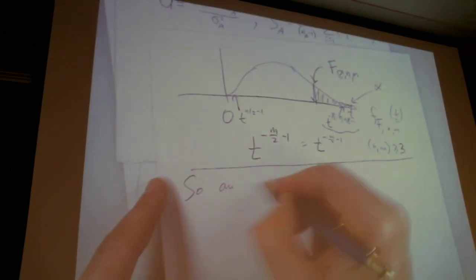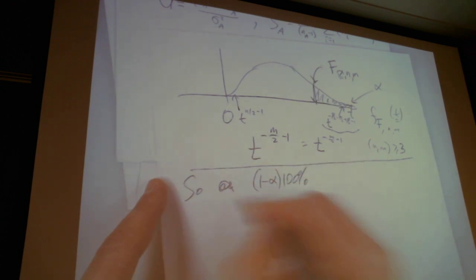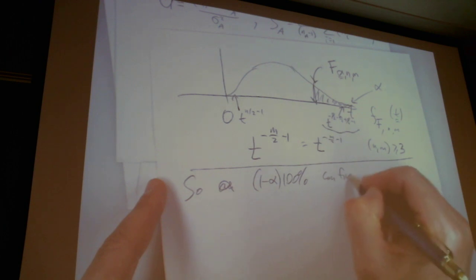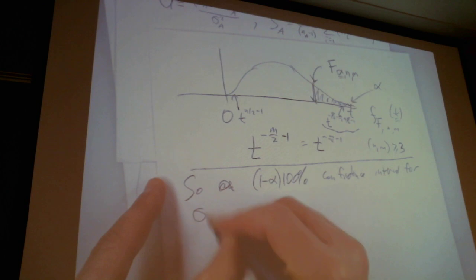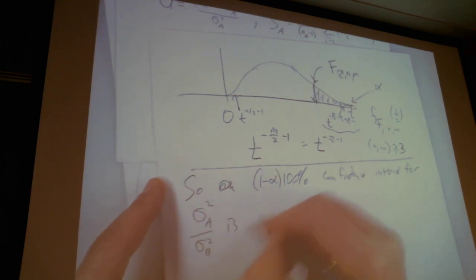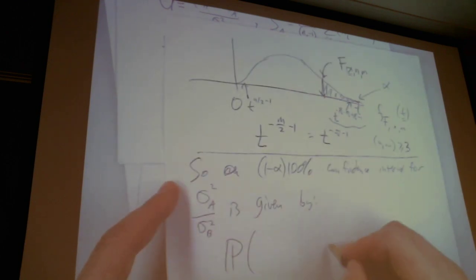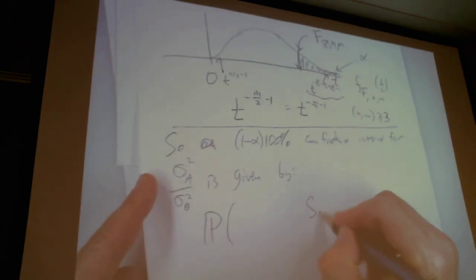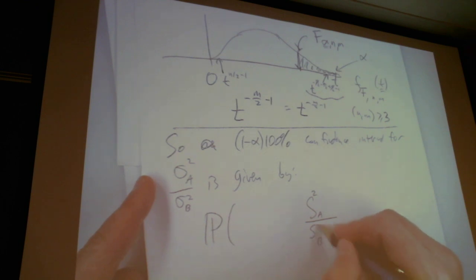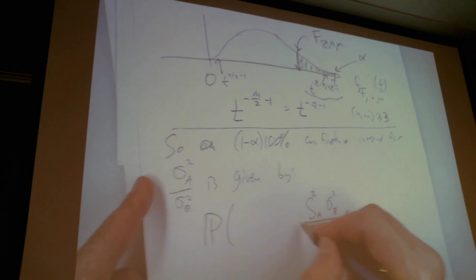So, a 1 minus alpha confidence interval for sigma A squared over sigma B squared is given by, well, the probability that my F distribution, SA squared over SB squared times sigma B squared over sigma A squared, lies in some interval is equal to 1 minus alpha.